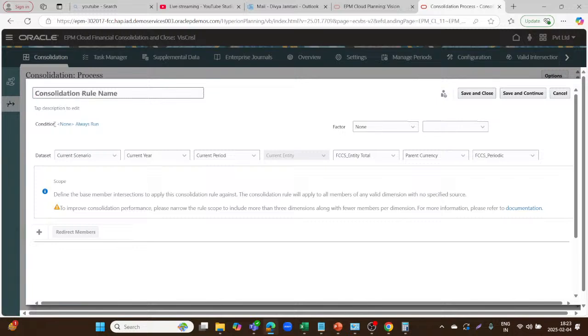So you can even write adjustment of unrealized profit. And you can say in the description, it eliminates the effect of the markup applied on inventories or stock sold to the intercompany partners.